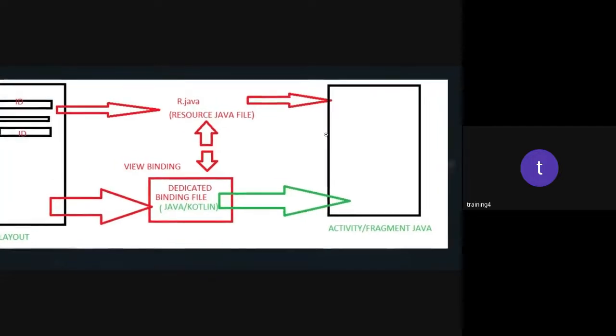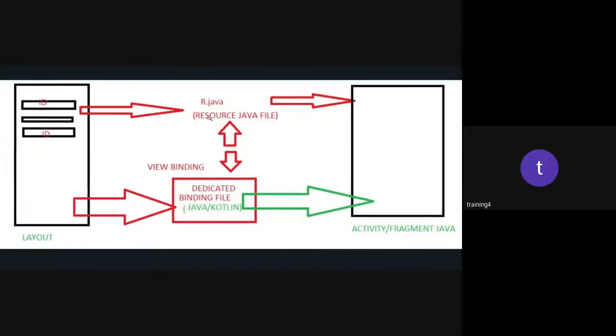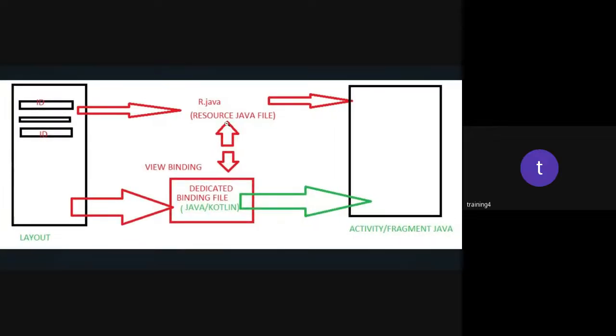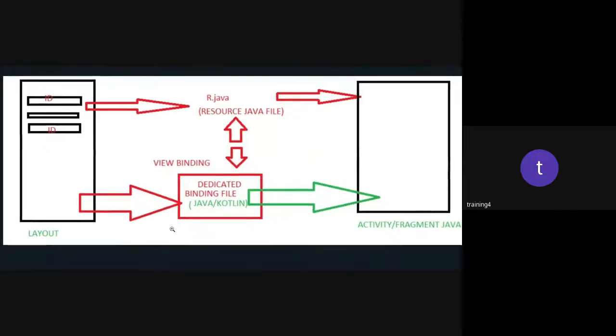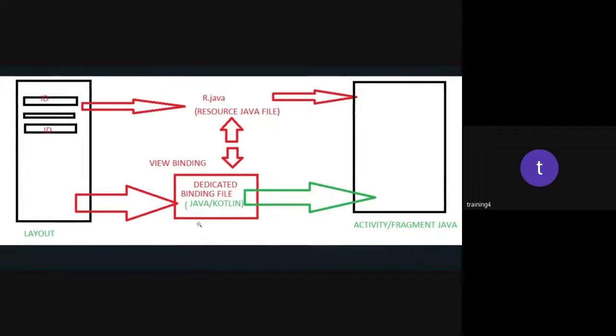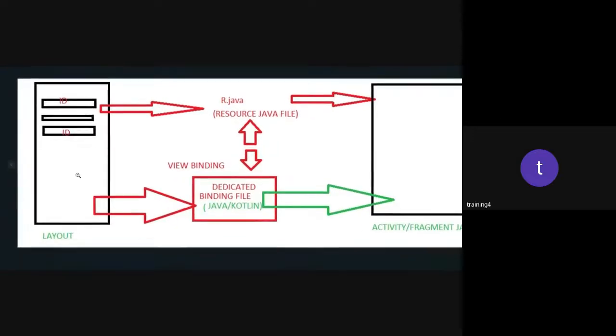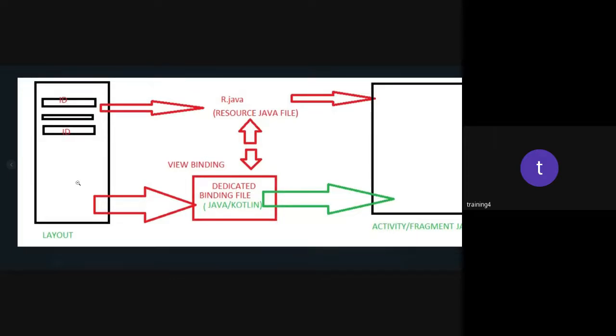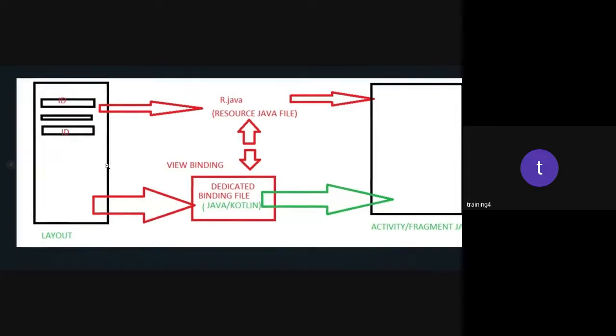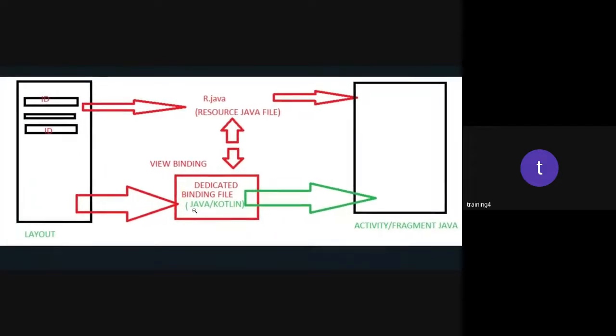Now, instead of accessing the core resource file, we can have the content in a file known as the view binding file. Whatever views we add in our layout, the abstract form of those views is encapsulated within the view binding files.